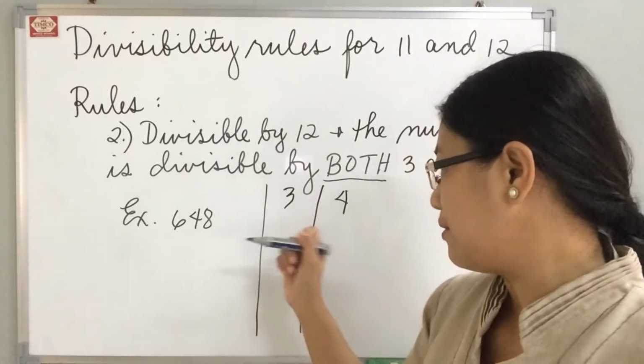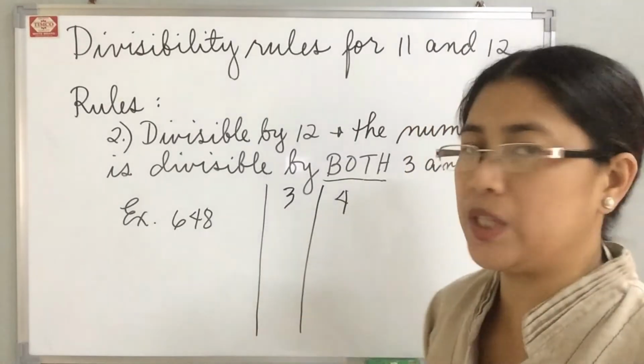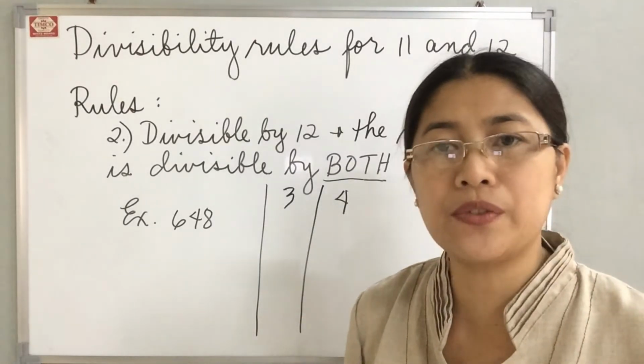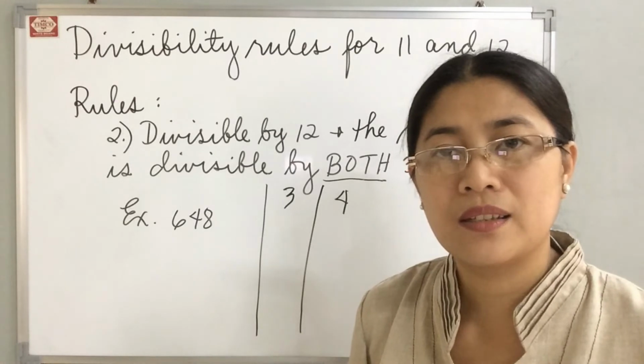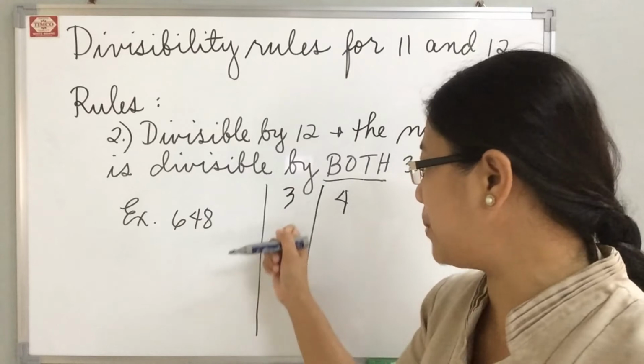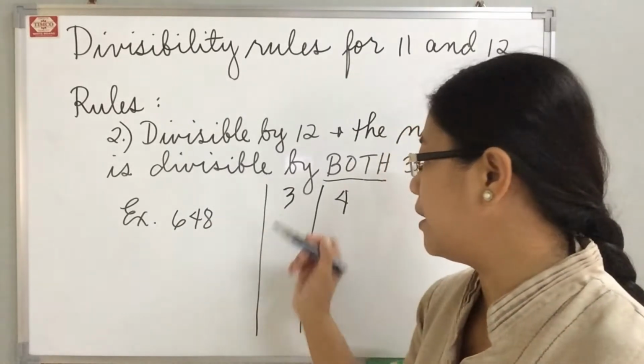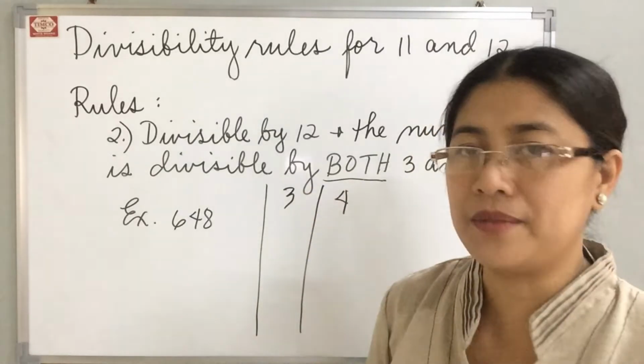Okay? First, number 3. Is this number divisible by number 3? So what is our rule for number 3? Add all the digits. And if the sum is divisible by 3, therefore, the whole number is divisible by 3. Okay.